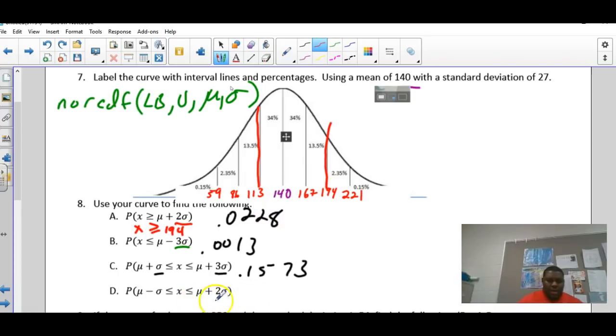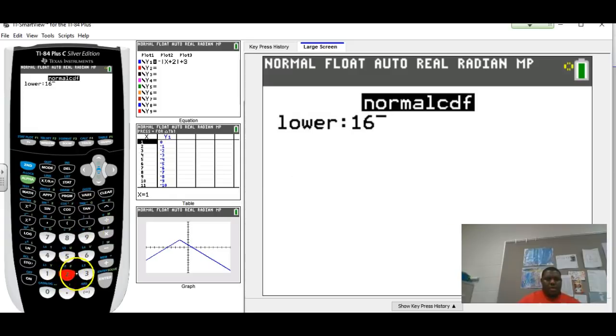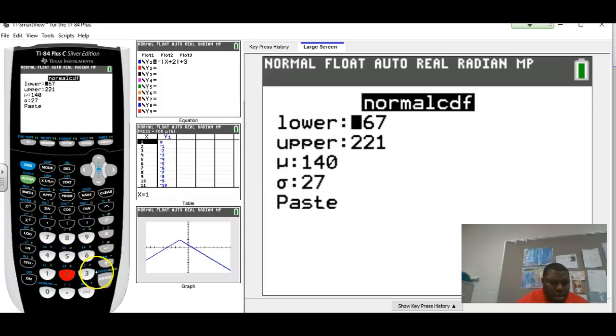So when you do that, second, VARS, normal CDF, we're going to go between 113 and 194, and the other stuff doesn't change.